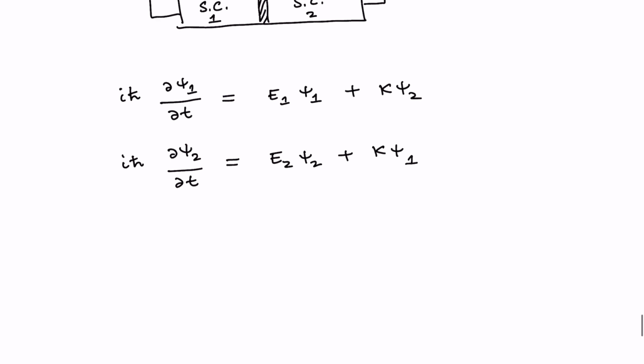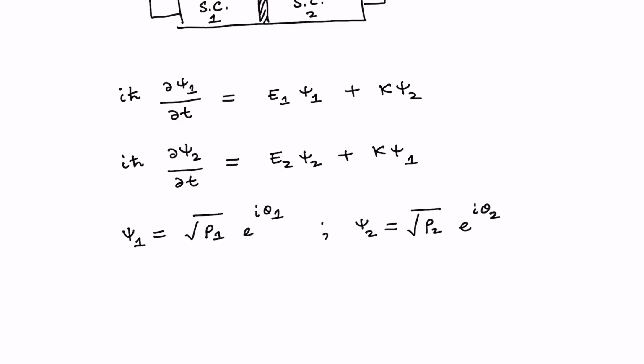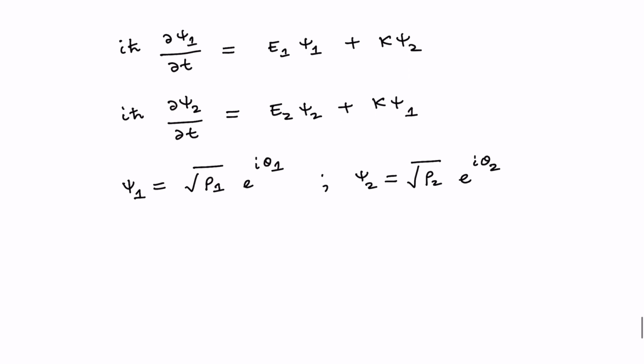Here psi 1 and psi 2 are the superconducting wave functions for superconductor 1 and 2 respectively, and you know that I can write psi 1 as square root of rho 1 e to the power i theta 1, where rho 1 is the Cooper pair density and theta 1 is the phase of superconductor 1. Similarly, psi 2 is equal to square root of rho 2 e to the power i theta 2, where rho 2 is the Cooper pair density in the second superconductor, and theta 2 is the phase in the second superconductor.